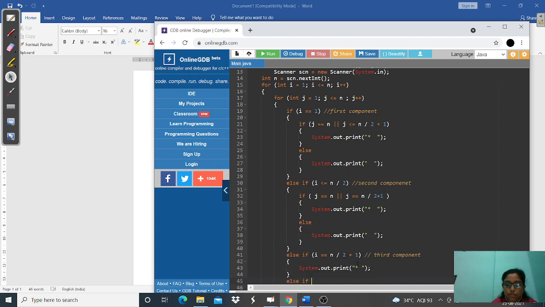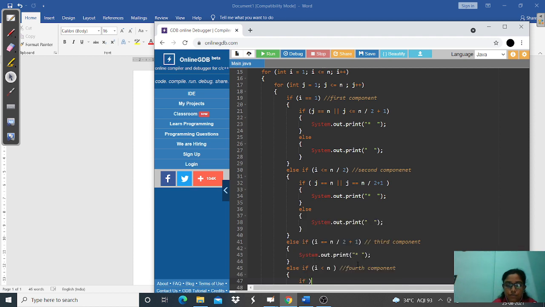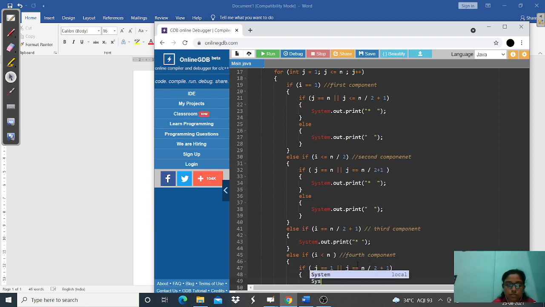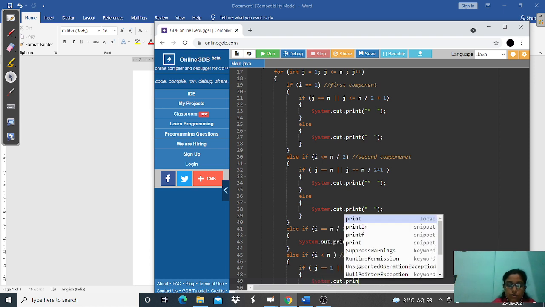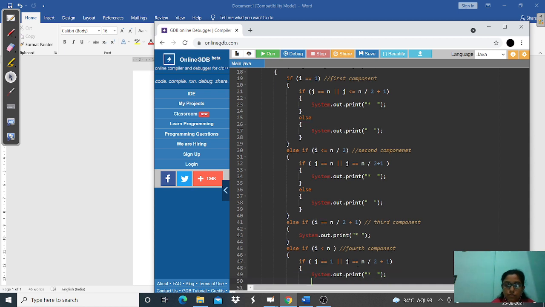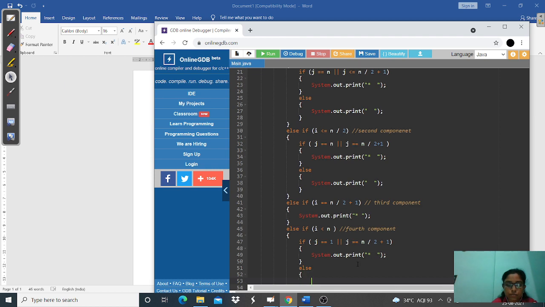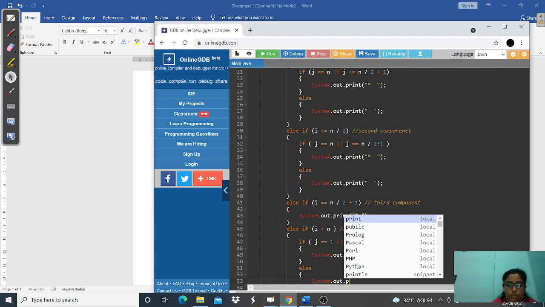Next again take else if for the fourth component, if j equal to 1, j equal to n by 2 plus 1, print System.out.print. Then else, and then System.out.print.